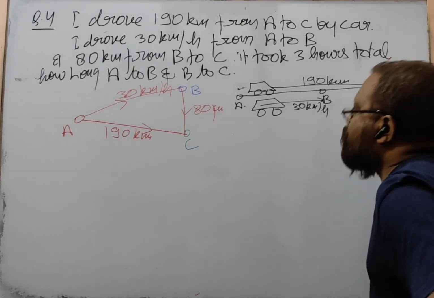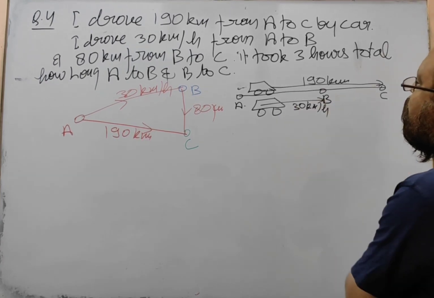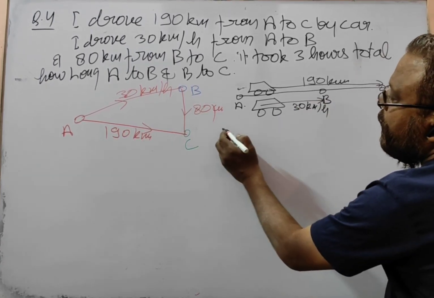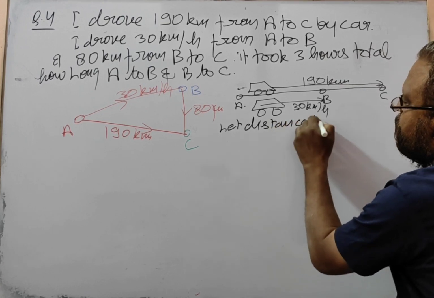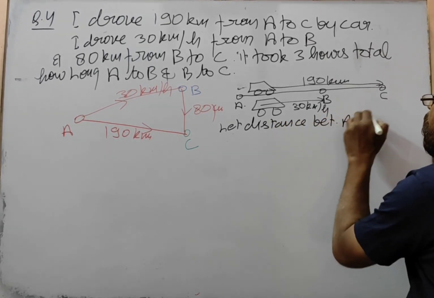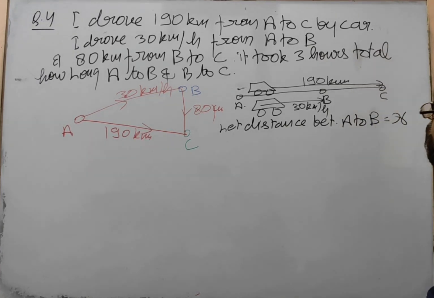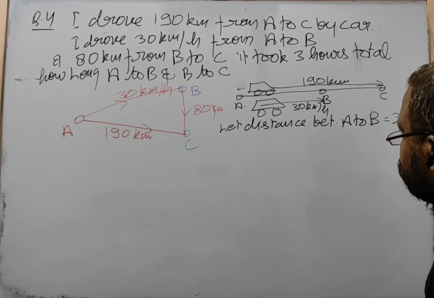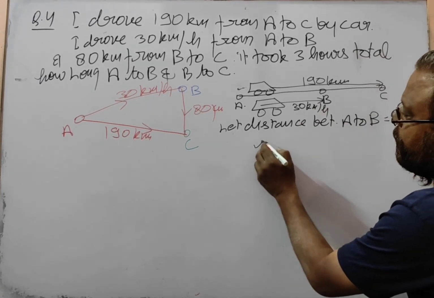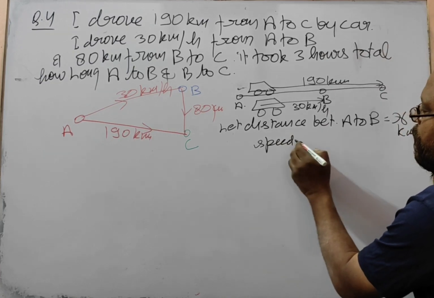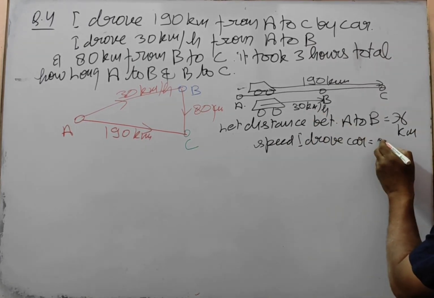Now what we can do, let the distance between A to B be equal to x kilometers, right? And the speed at which I drove the car is equal to 30 kilometers per hour.